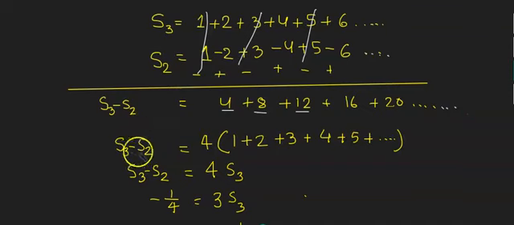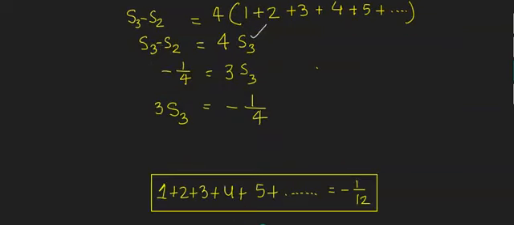In the next step, taking 4 common, we get 4 times the parenthesis 1 plus 2 plus 3 plus 4 plus 5 and so on.